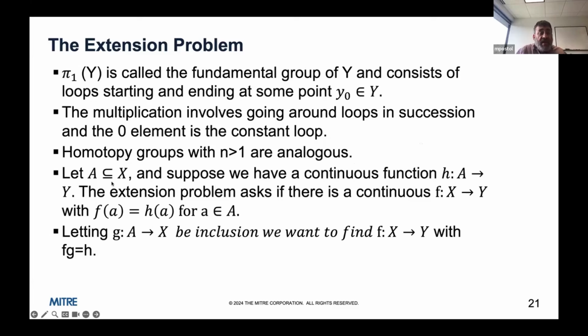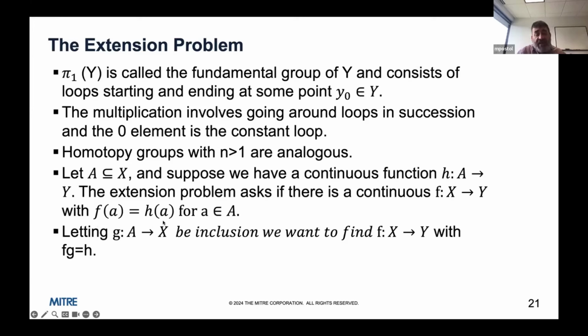So here's the idea now: the extension problem. We're going to have a subset A of X, and we have a continuous function h going from A to Y. We want to know, is there a continuous function f going from X to Y so that f agrees with h on A?